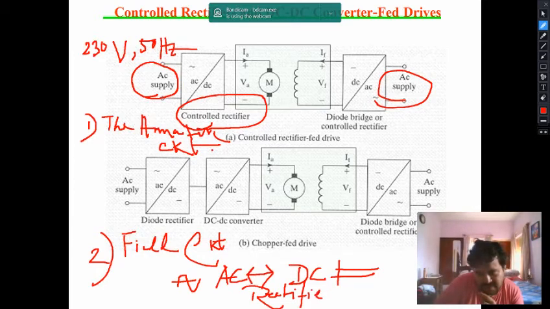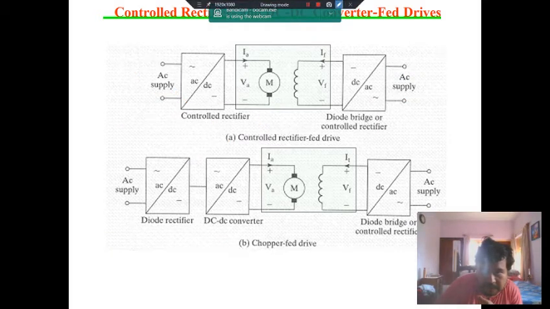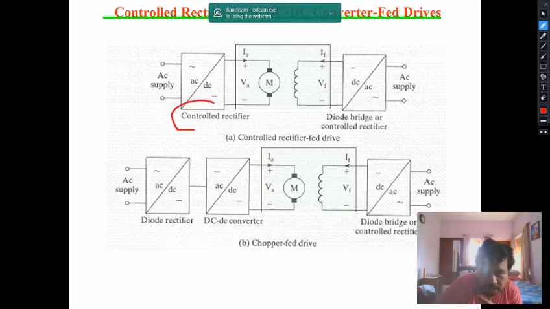Now this is common sense, because obviously we use a rectifier when we want to convert from AC to DC. But what is very important here is the word controlled. This is the most important word.